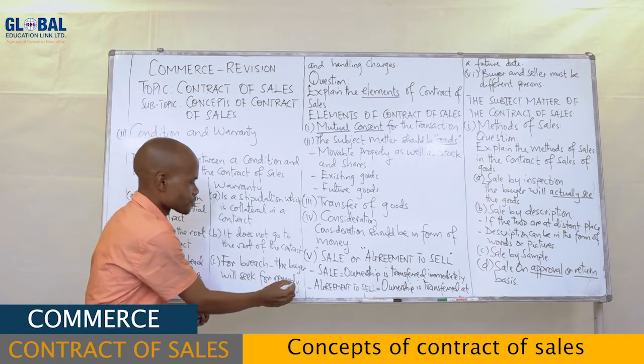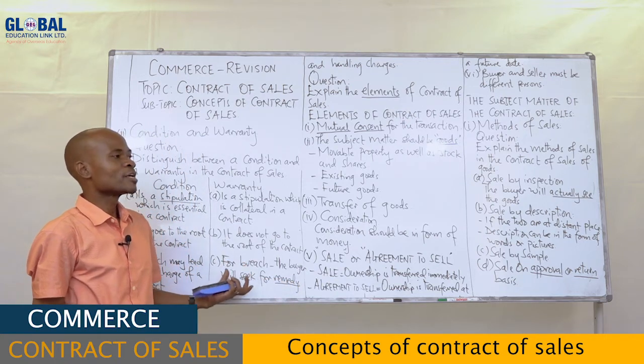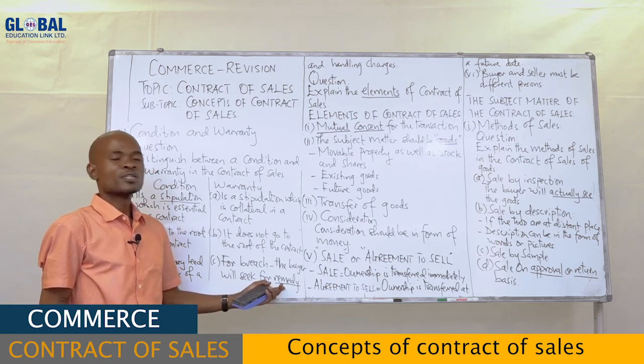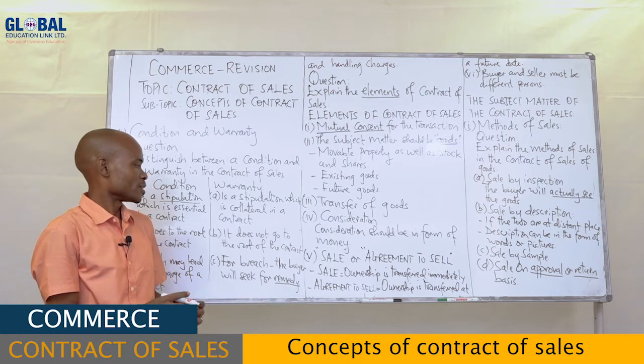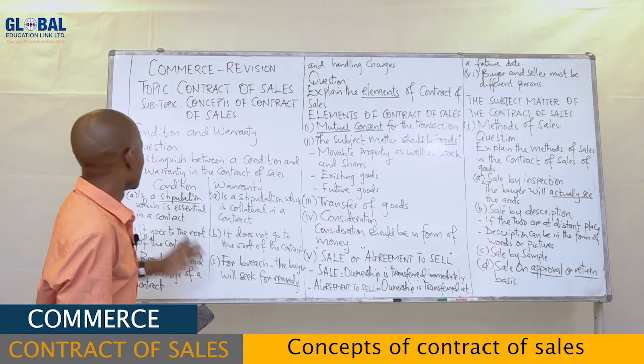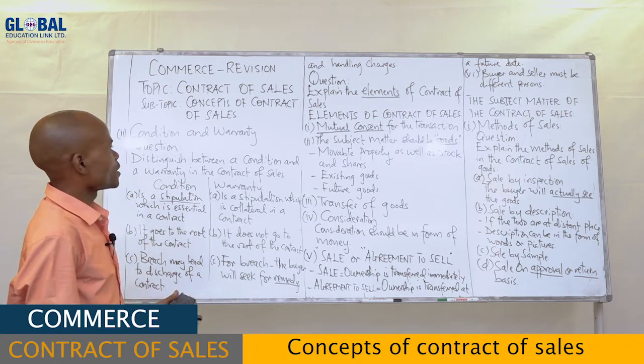Which means the buyer will not terminate the contract, but will look for ways to recover within the contract. So these are the differences between a condition and a warranty.